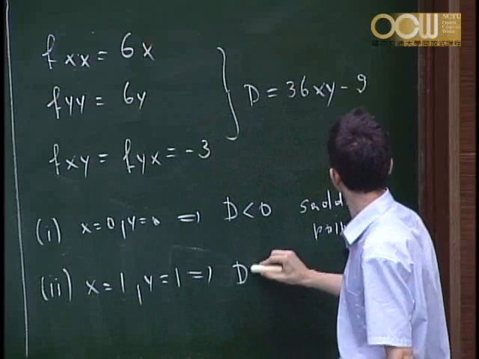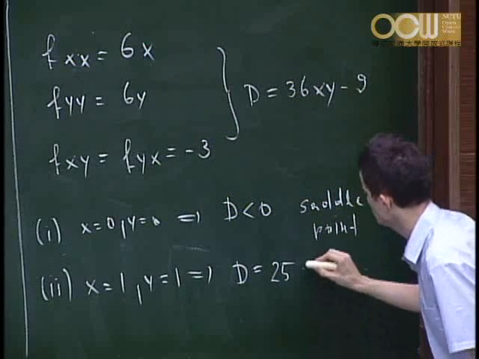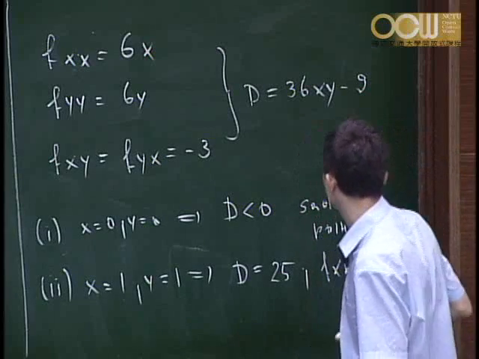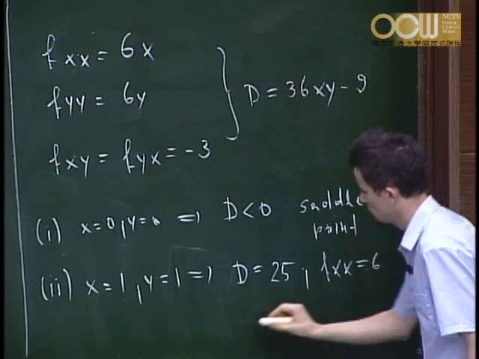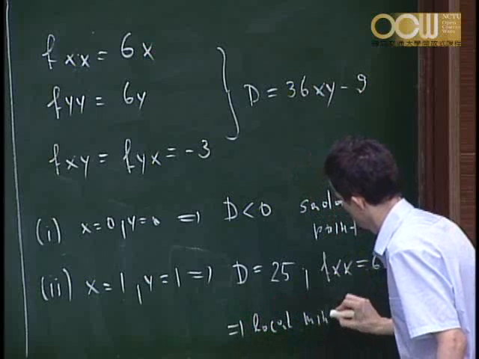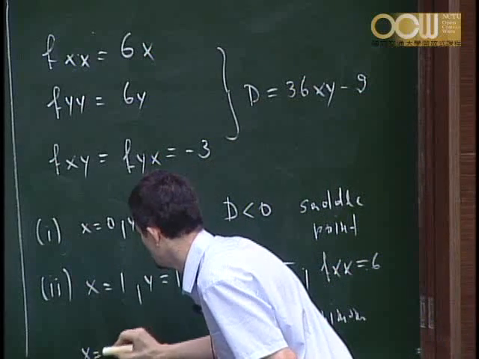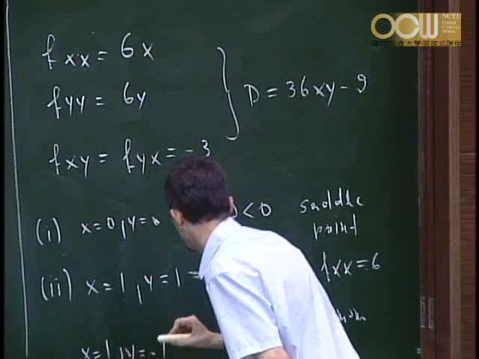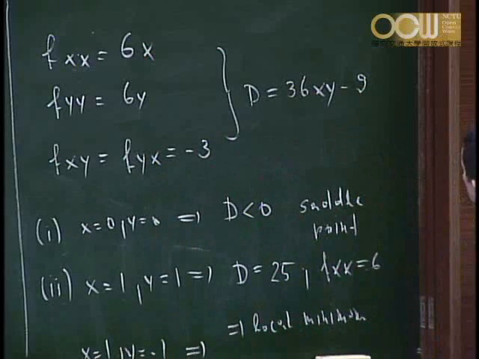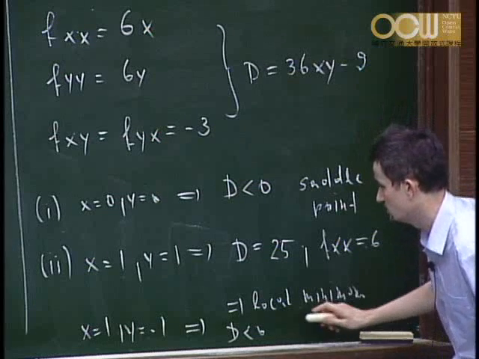Here D is equal to 25, so larger than 0, so we have to look at fxx, which at this point is 6. So what you have is a local minimum. Then you have the point x is equal to 1, y is equal to minus 1. In this case, D is smaller than 0, so you have a saddle point.